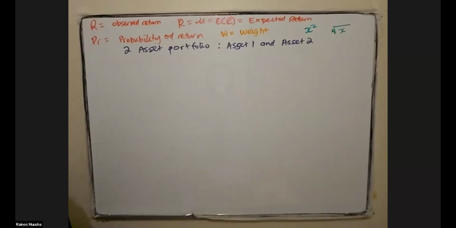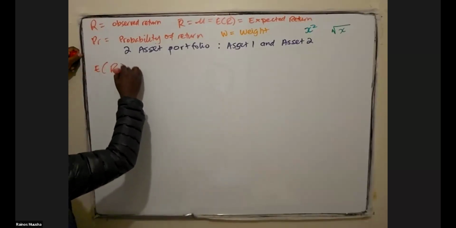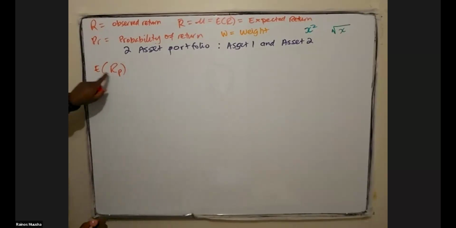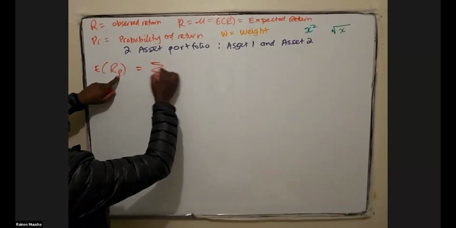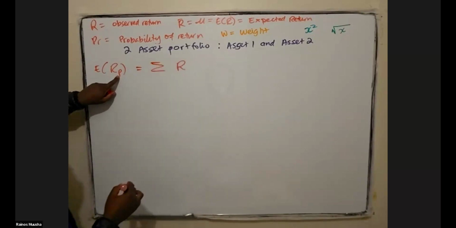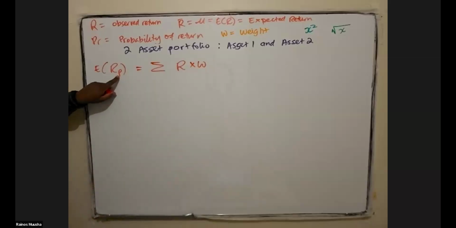Now, looking at this, when you're given a two-asset portfolio, and you're asked to calculate the expected return of the portfolio, the expected return of the portfolio is given as the sum of the observed returns of the different assets multiplied by the weight of the different assets.